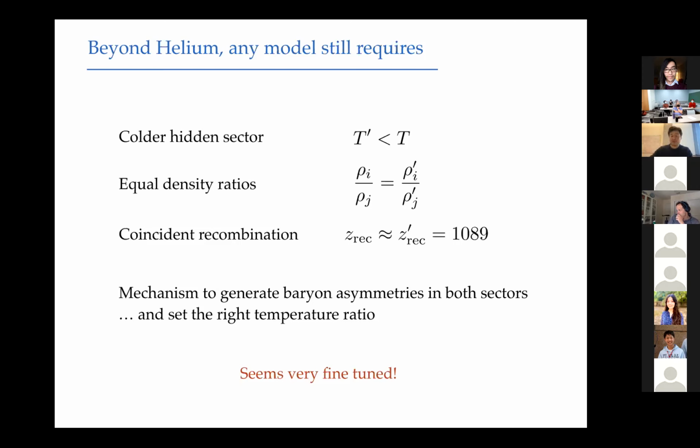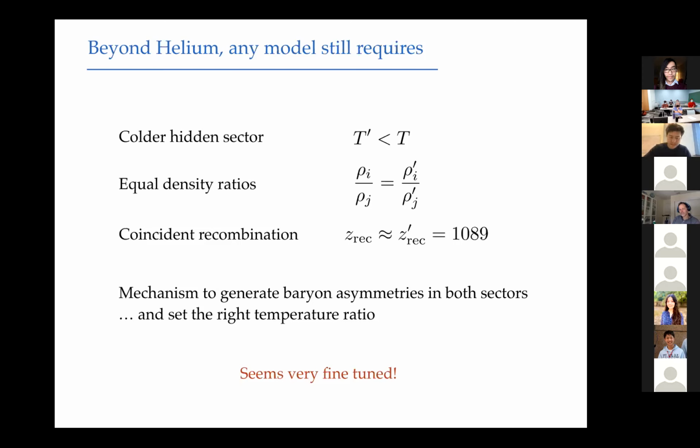So if that's the place where you want to start the clock, then sure, but we know that there's a mechanism in our sector that gave us what the baryon density was in relation to the temperature of the photons, for example. And so the question is, if you were to then try to tell a parallel story in a hidden sector, how much of a delicate tuning would you need in order to make sure that everything worked out properly if you wanted to tell the whole story? So I hope that that part will become clearer as we go forward.